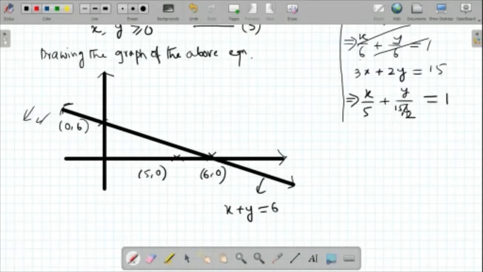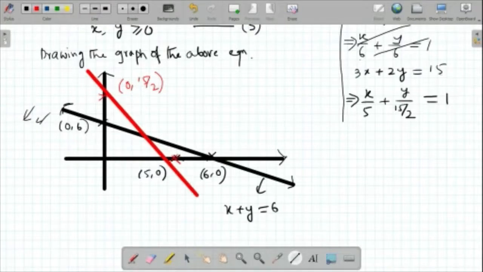The y-intercept is 15 by 2, which means 7.5, somewhere here. Now let's join the 2 points. So this is my point, 5 comma 0.